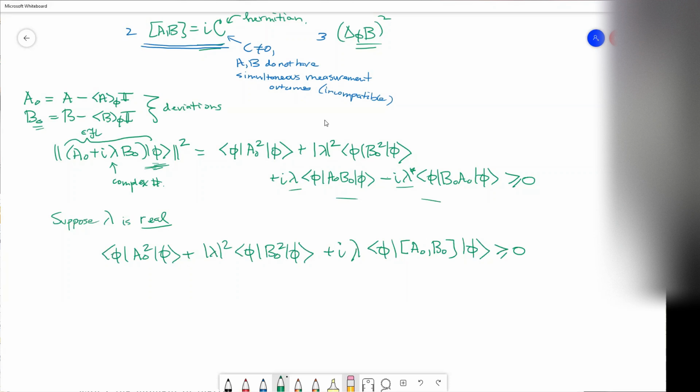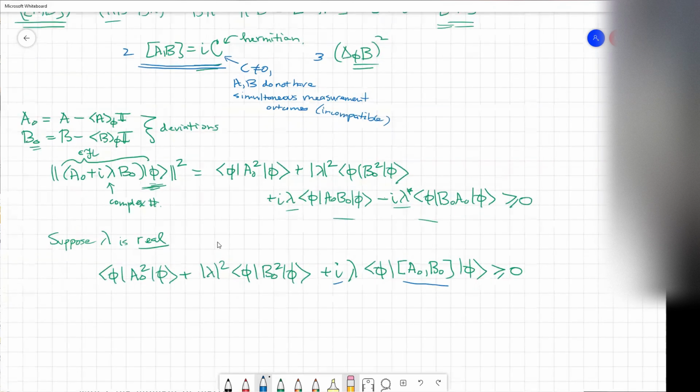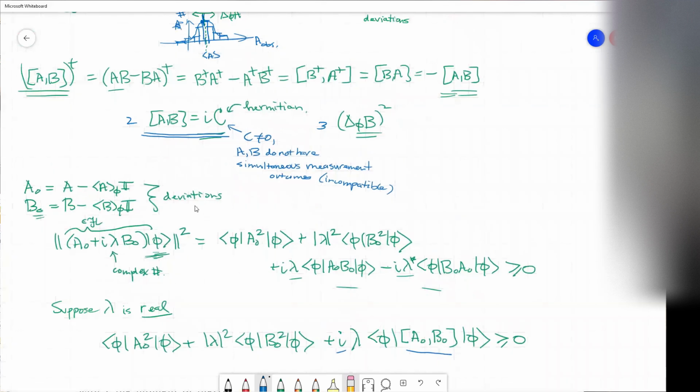Now, why is that good? That's good because look at this I and this thing right here. If we go back here, the commutator between a naught and b naught, since these are just the identity, we're just subtracting off a constant, just an identity matrix. An identity matrix commutes with everything.